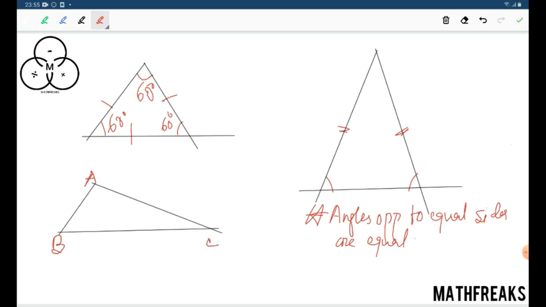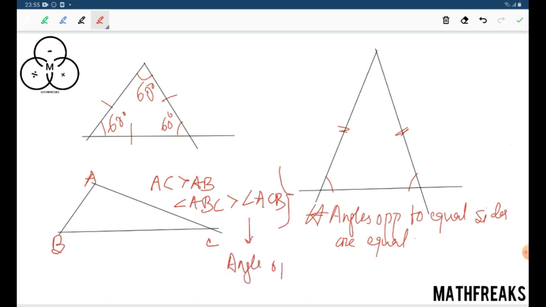That is, in this figure, if AC is greater than AB, then angle ABC is greater than angle ACB. The angle opposite to the largest side is larger. This is all about triangles.